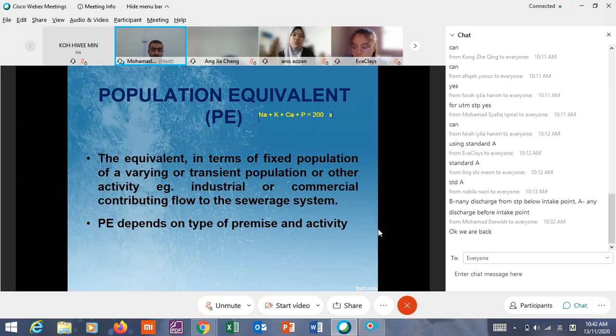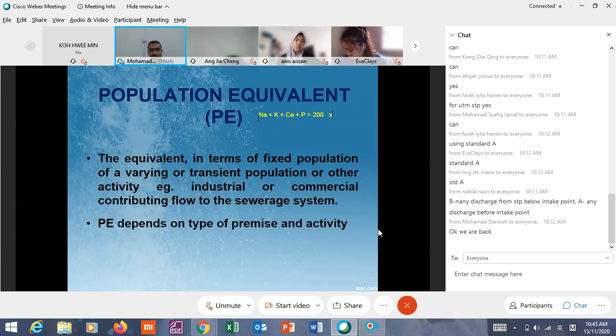Okay, so the population equivalent is an equivalent in terms of fixed population or transient. Fixed population means the population is there during the whole day, 24 hours, or transient, which means it's changing by time or changing by day. It's not spending the whole day in this premise for any activity.